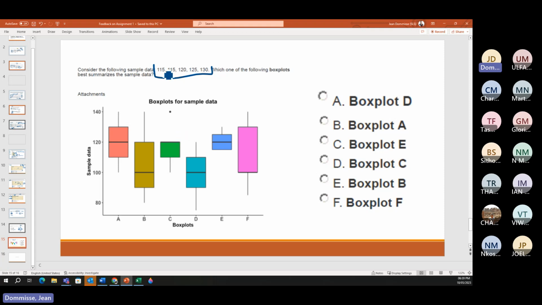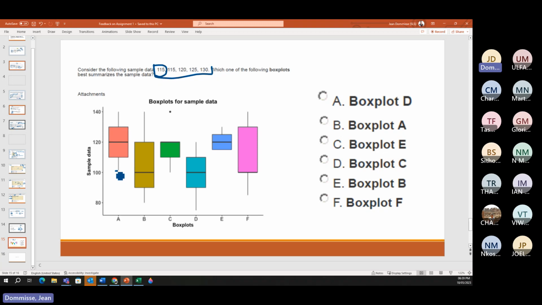Okay, so when I look at this, the first thing I will do is to say, okay, the minimum value is 115. So I'm not going to work out anything yet. I'm just going to check where is my minimum.